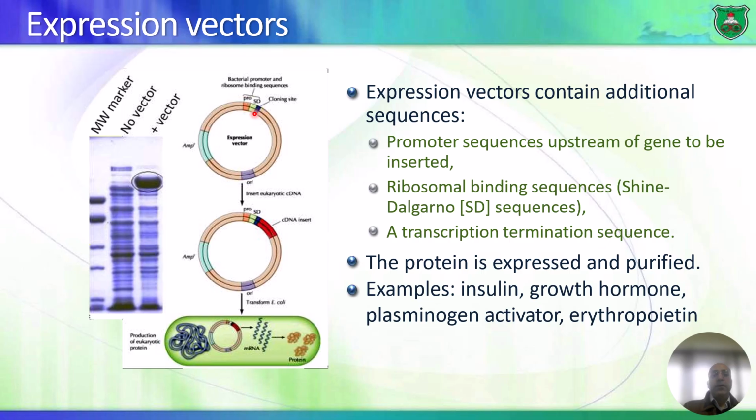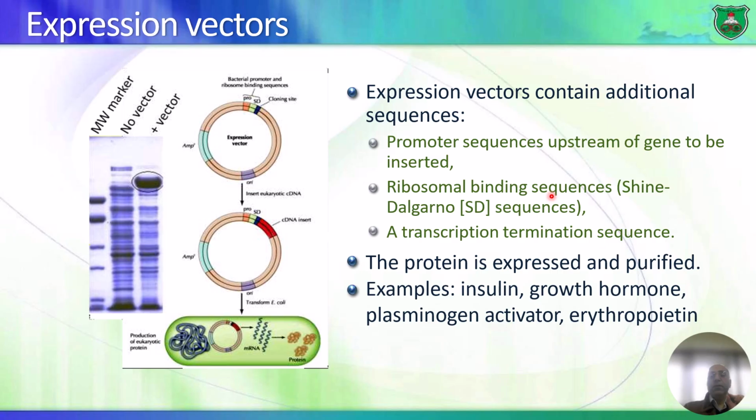Okay. And then once I express the gene, in order to translate the messenger RNA in bacteria, we need a Shine-Dalgarno sequence. This is the ribosomal binding sequence.